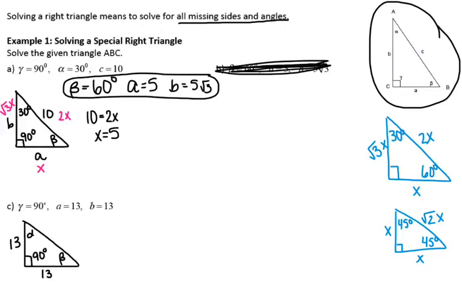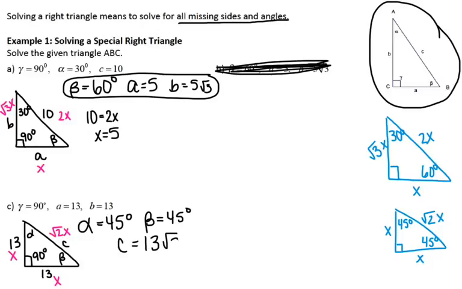So I know that alpha has to be 45 degrees. Beta also has to be 45 degrees. And using what we know about right triangles, this is x, x, square root of 2 times x, which is side C, which we're missing. So since x is 13, that means side C is 13 root 2.